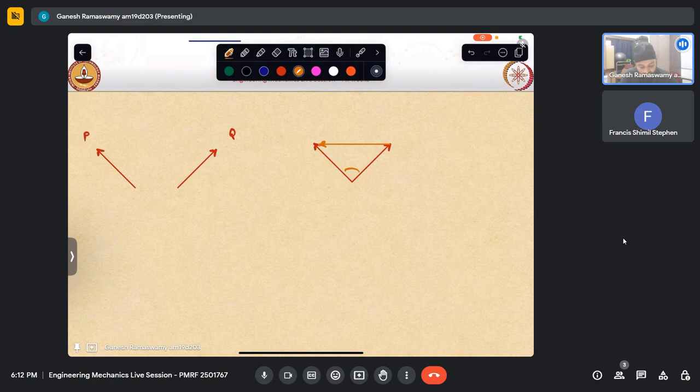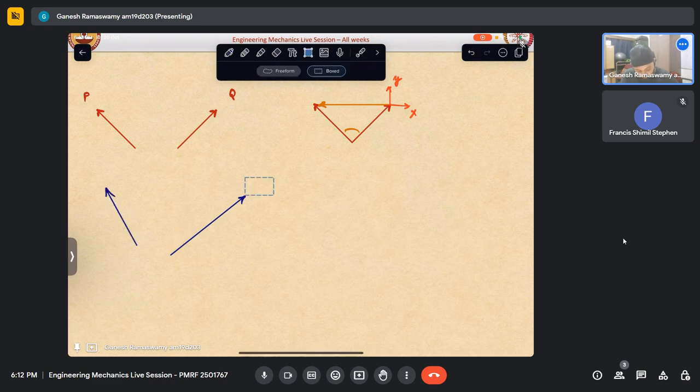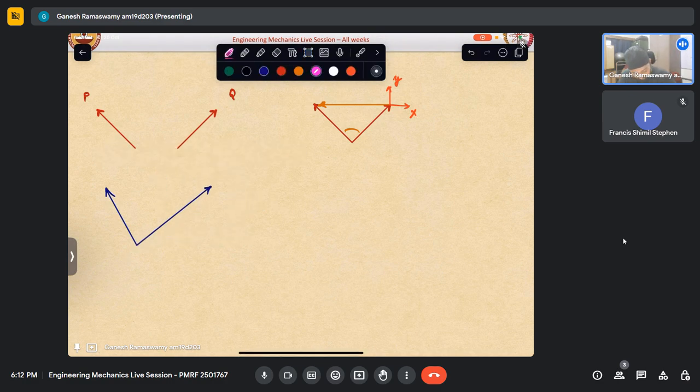Angle of that relative velocity vector, if they have just said angle, then what they mean is angle with respect to some datum, x or y, say with respect to x. Otherwise, they have to specify. So let us say that in your example, this is the velocity of the car, and this happens to be the velocity of the train. Now what you are doing is you are putting it like this, and you are joining this magnitude.